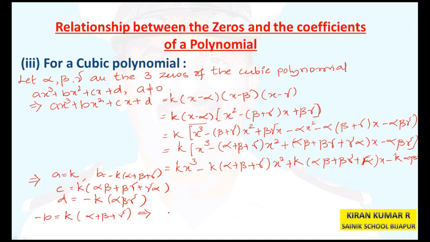This implies alpha plus beta plus gamma is minus b by k.